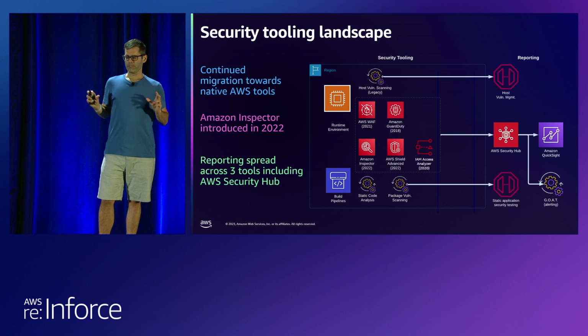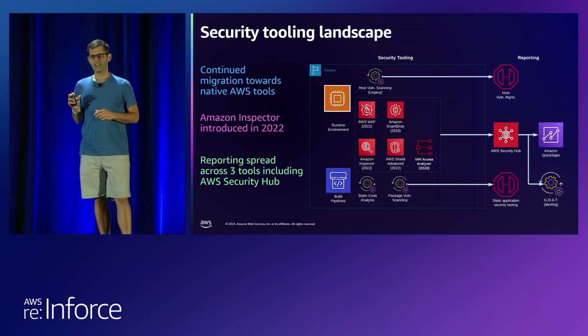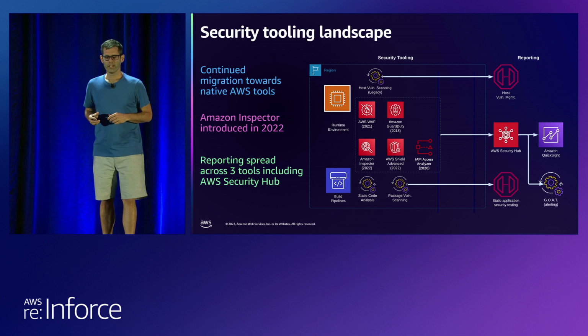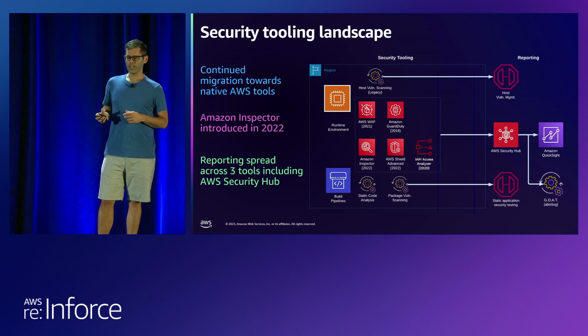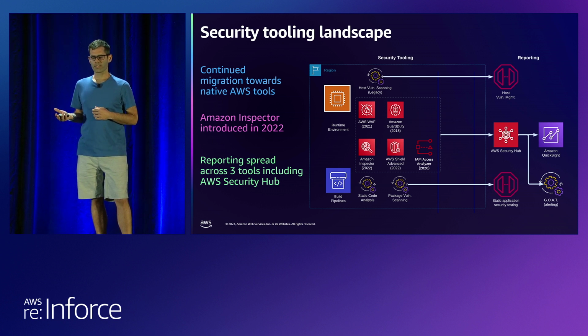So we had the vulnerability manager separate, we had source code scanning separate, but we had everything else aggregated in Security Hub, and that was working really well for us. So we were seeing things from GuardDuty, we were seeing things from Shield Advanced for DDoS protection.